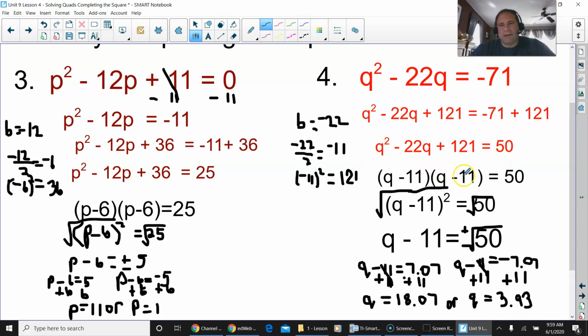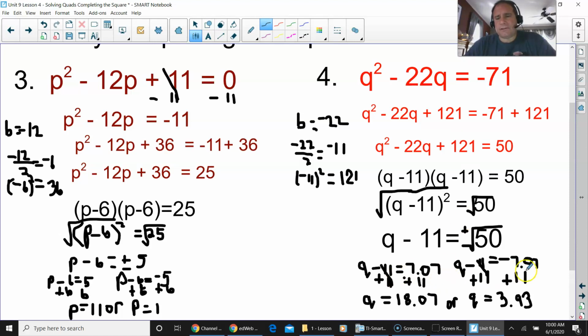(q minus 11) times (q minus 11), again you created that perfect square of 121. Negative 11 times negative 11 equals 121, and negative 11 plus negative 11 equals negative 22, all equal to 50. You have that (q minus 11) squared, you square root both sides, you have q minus 11 equals plus or minus the square root of 50.